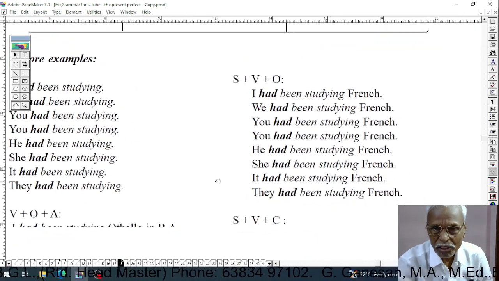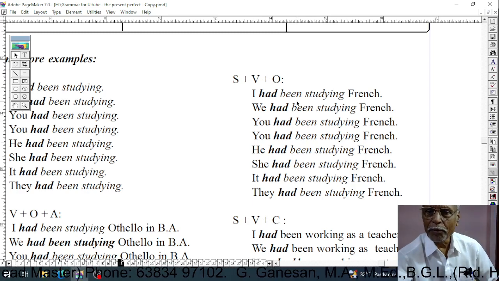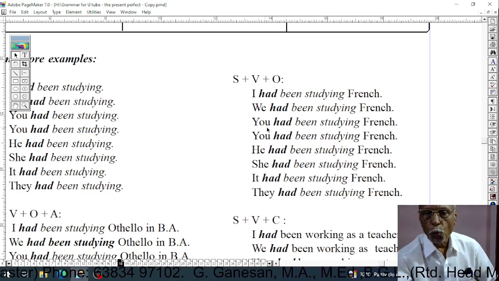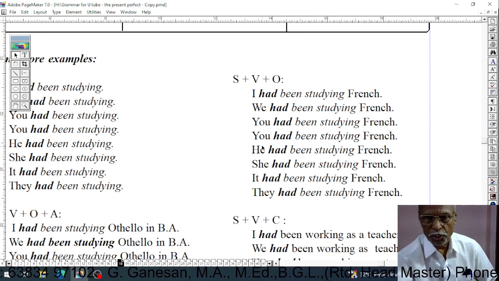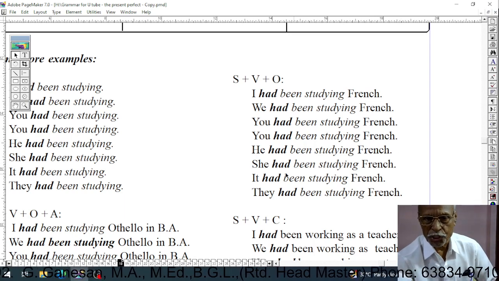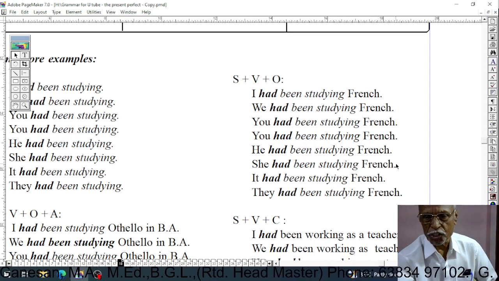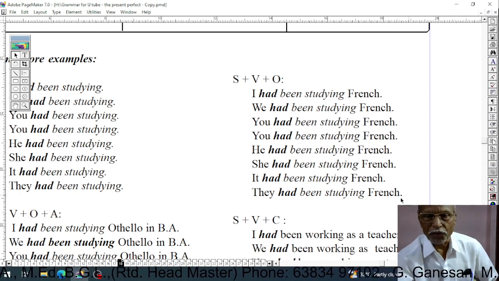Then SVO. I had been studying French. We had been studying French. You had been studying French. He had been studying French. She had been studying French. It had been studying French. They had been studying French.